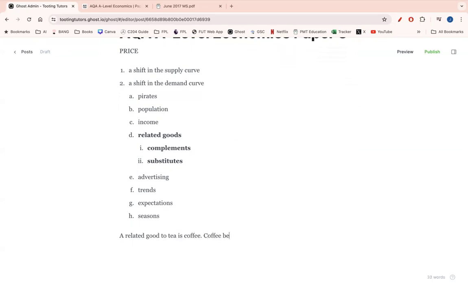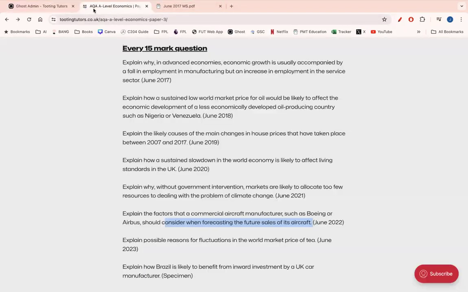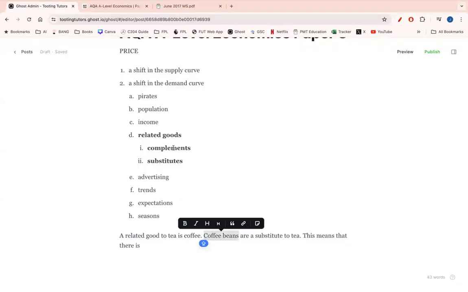Coffee beans are a substitute to tea. This means that there is a certain XED. So if the price of coffee beans were to go up, then the demand for coffee beans would go down. So the demand for tea would go up.